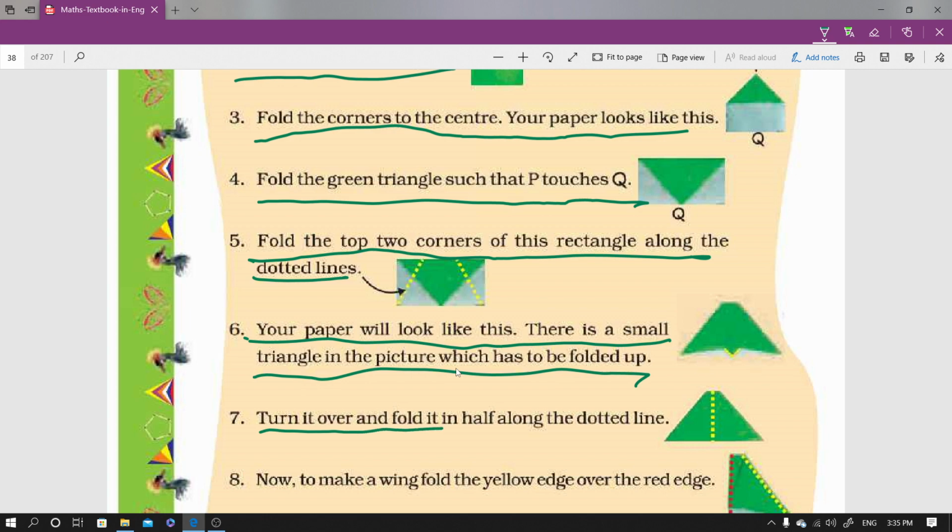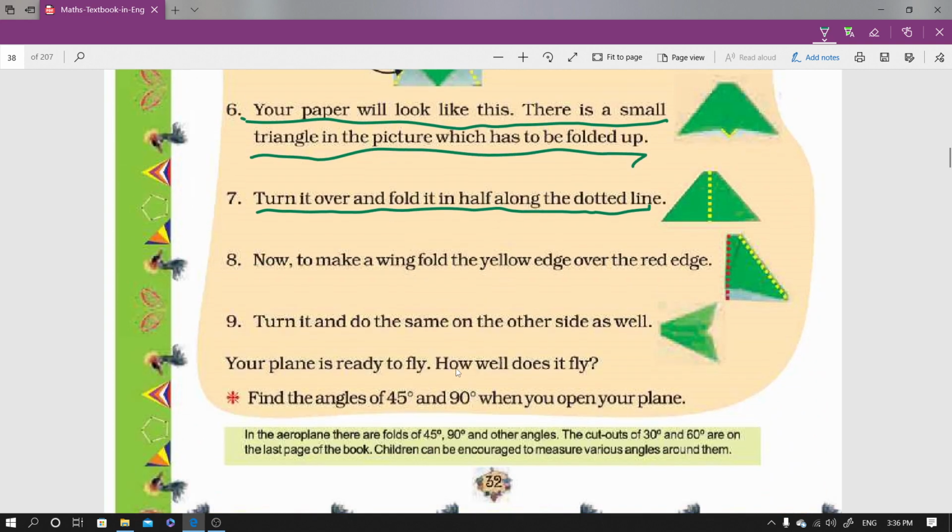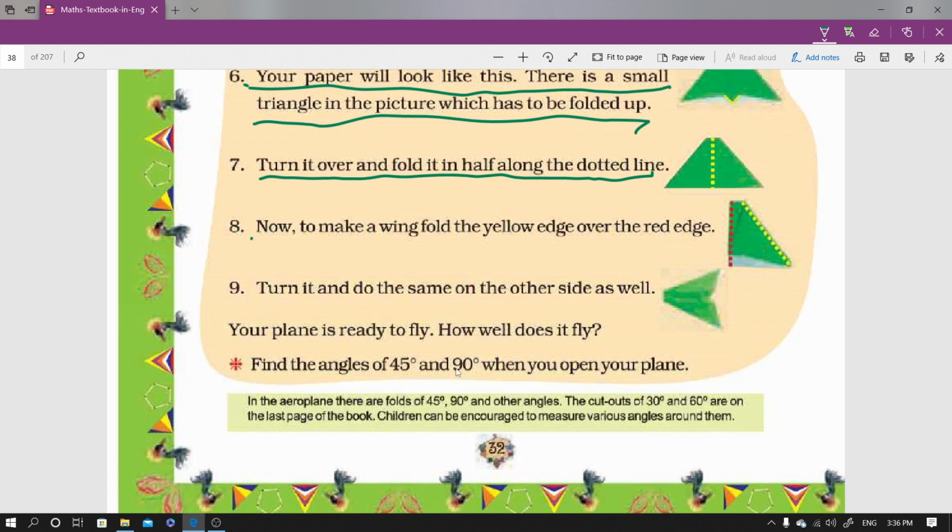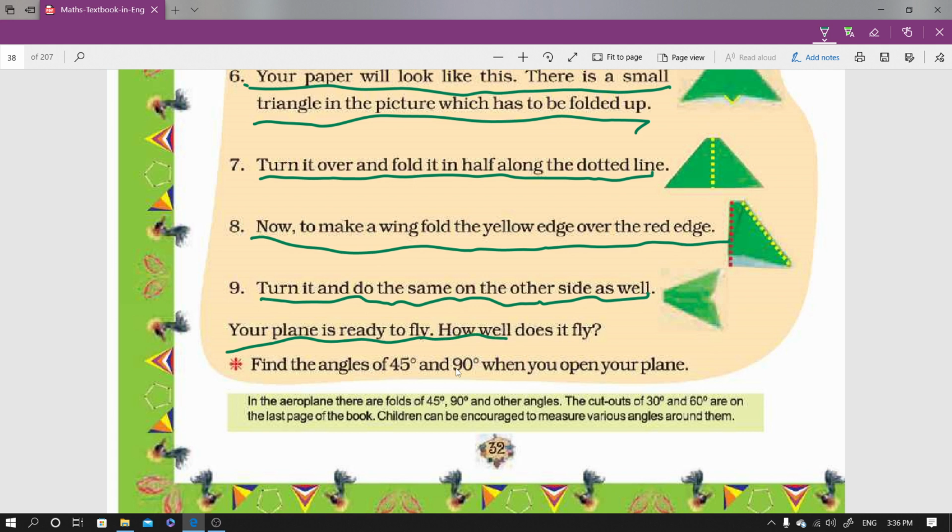Turn it over and fold it in half along the dotted line. Now to make a wing, fold the yellow edge over the red edge. Turn it and do the same on the other side as well. Your plane is ready to fly.